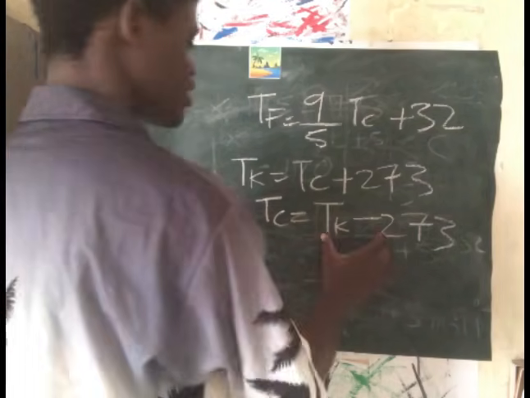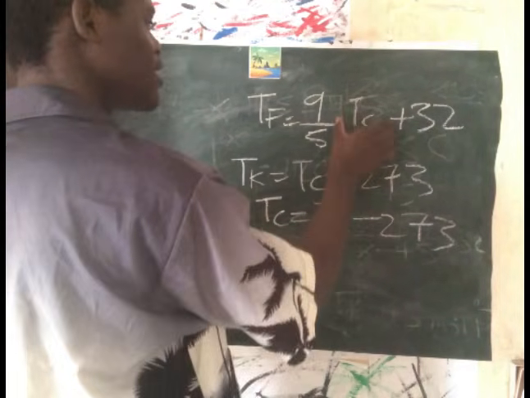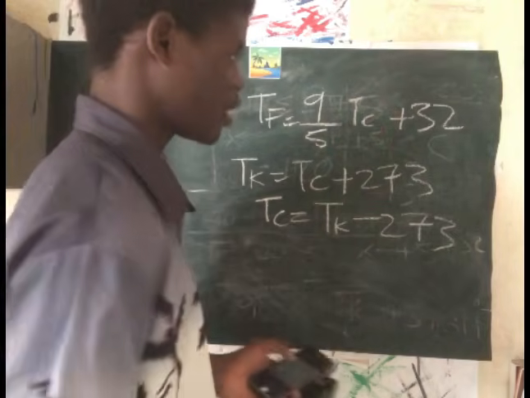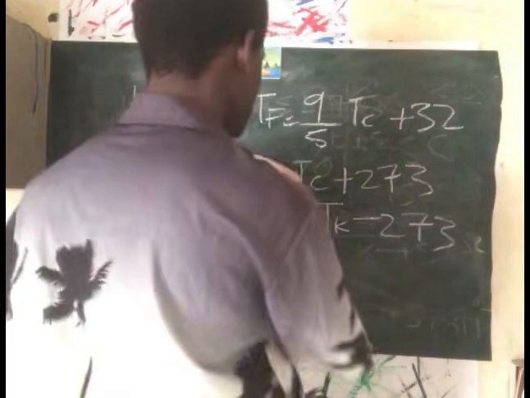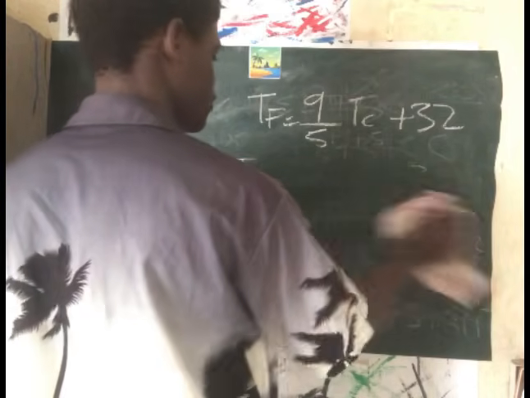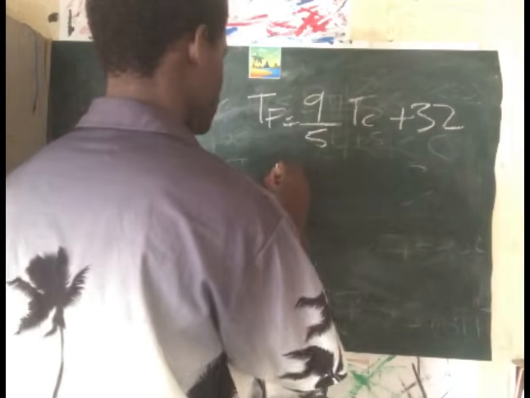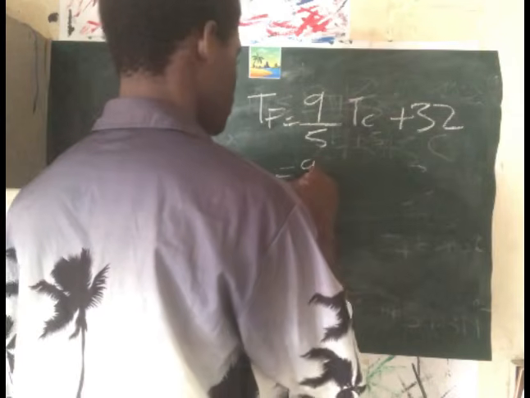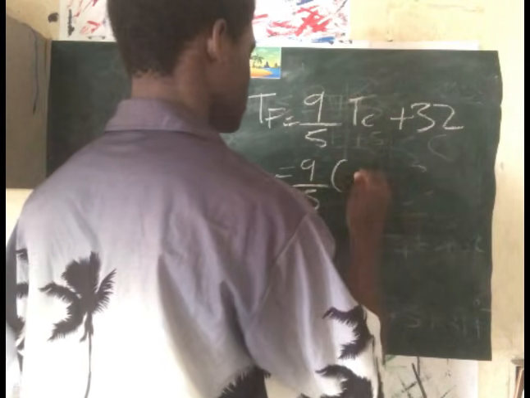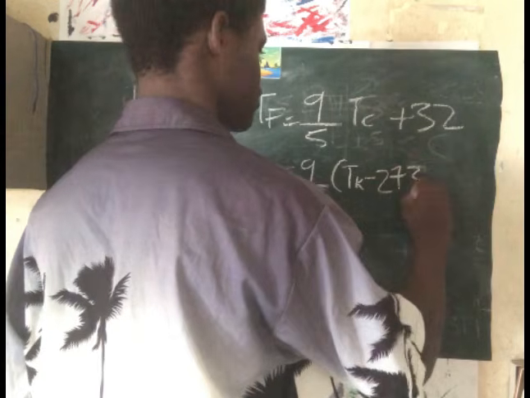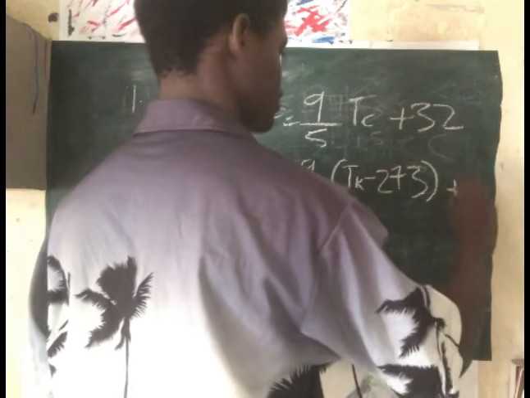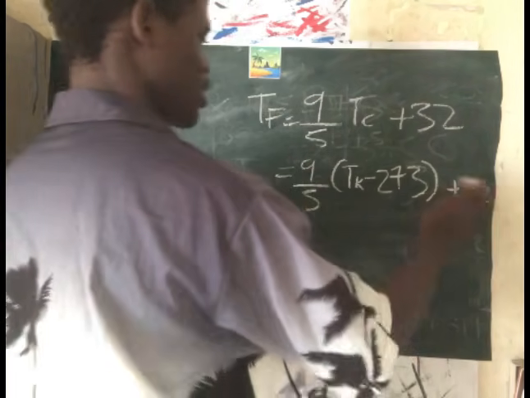So we'll put this Kelvin minus 273 inside this Celsius, because they're not asking us for Celsius, they're asking us for Kelvin. That will be 9/5 bracket Kelvin minus 273 plus 32. And plus 32 is outside.